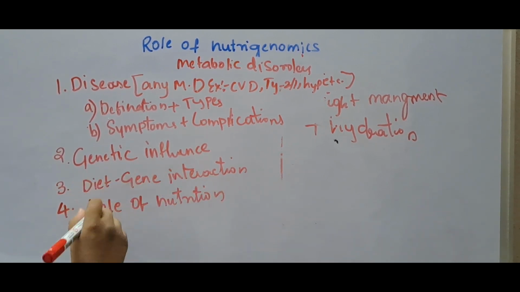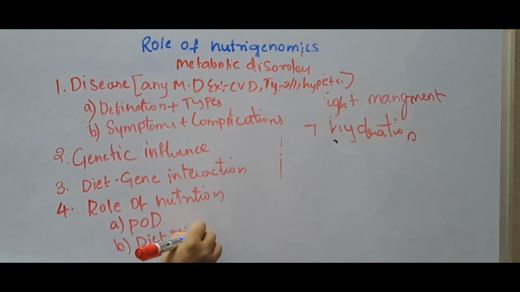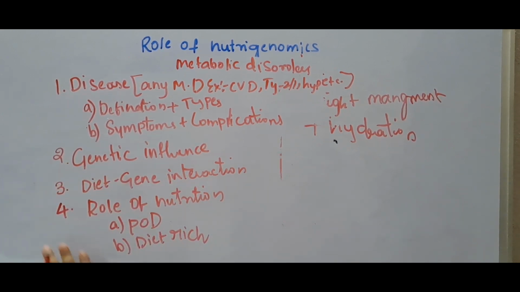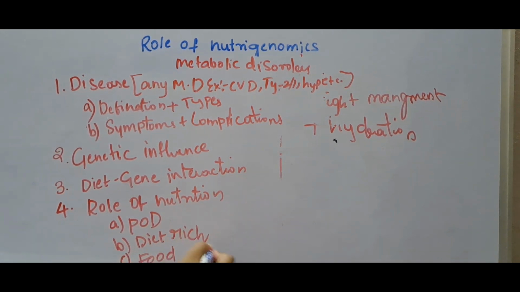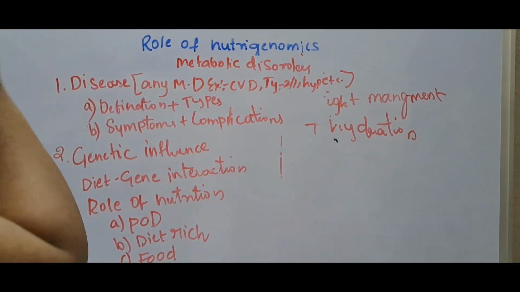In role of nutrition you have to write POD, principles of diet, and next is diet rich, like how I explained the nutrition in hypertension. And the third point is foods to be included rather than avoided.